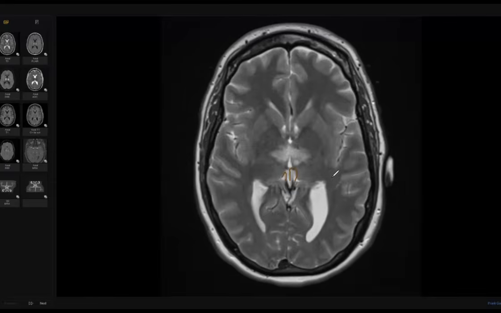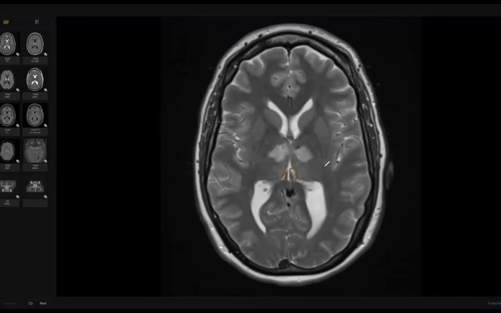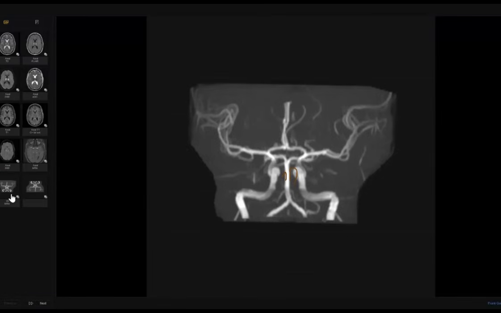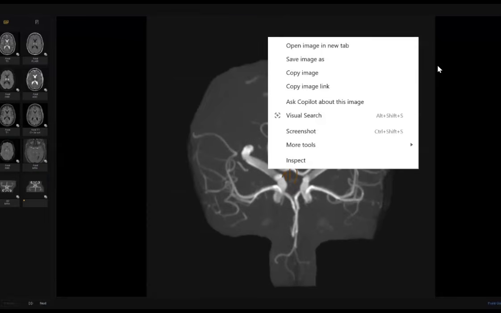What is the artery of Percheron? Normally, the thalamus has arterial supply from the PCA P1, direct perforators from this one, the PCA.